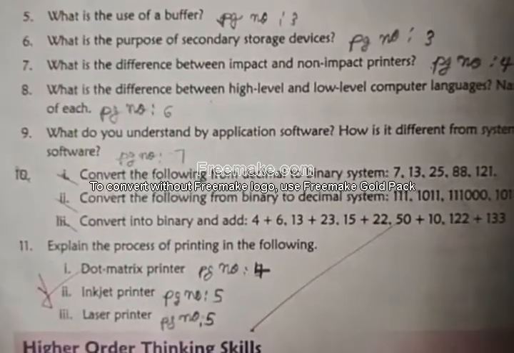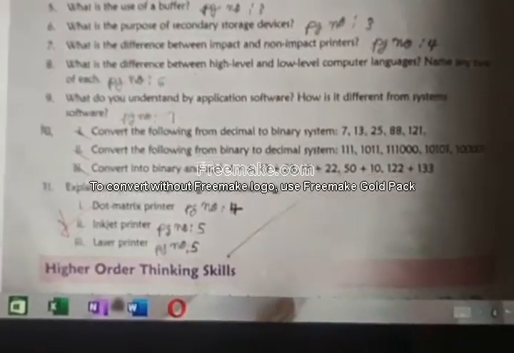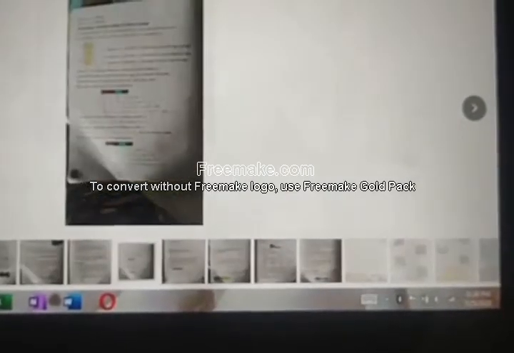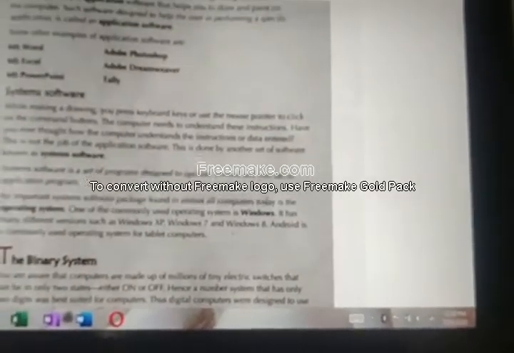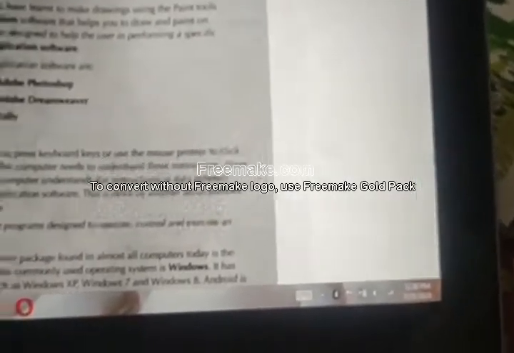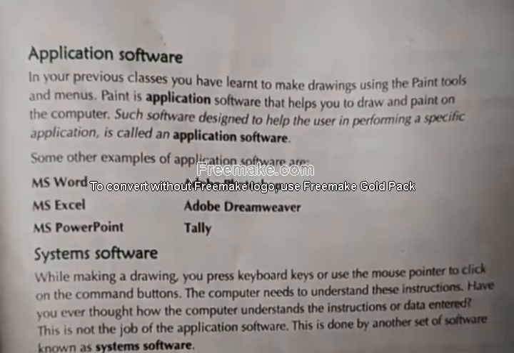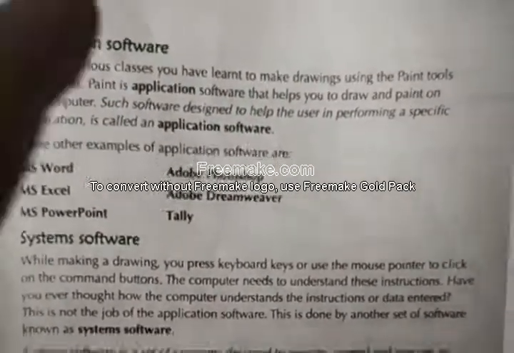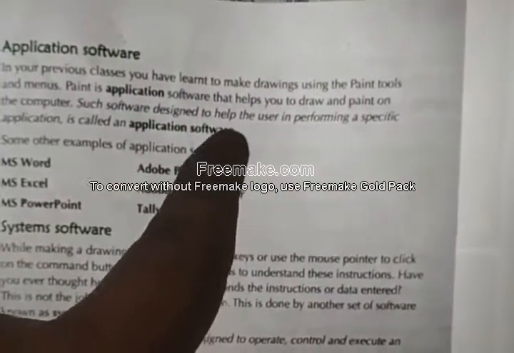What do you understand by application software? How is it different from system software? Application software and system software's difference we have right now. Page number 7. See, Paint is application software.